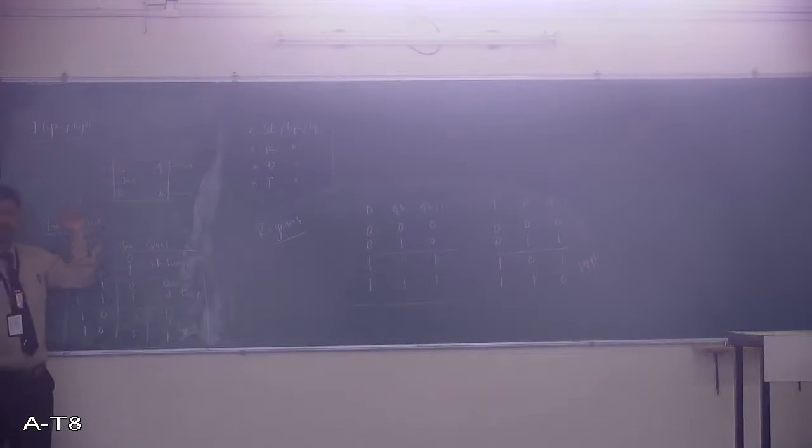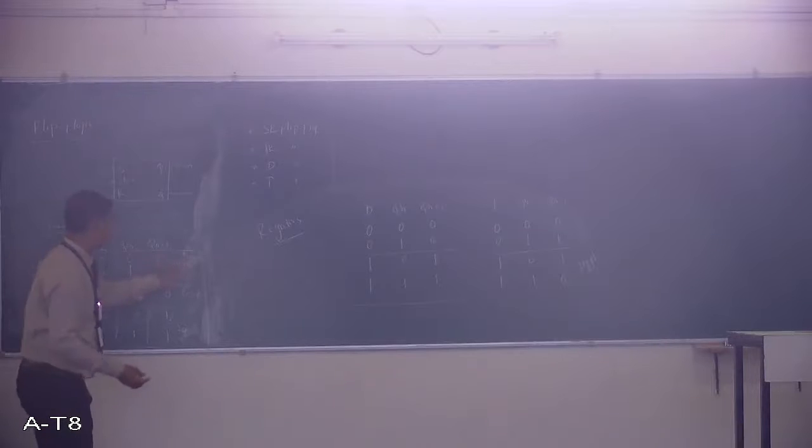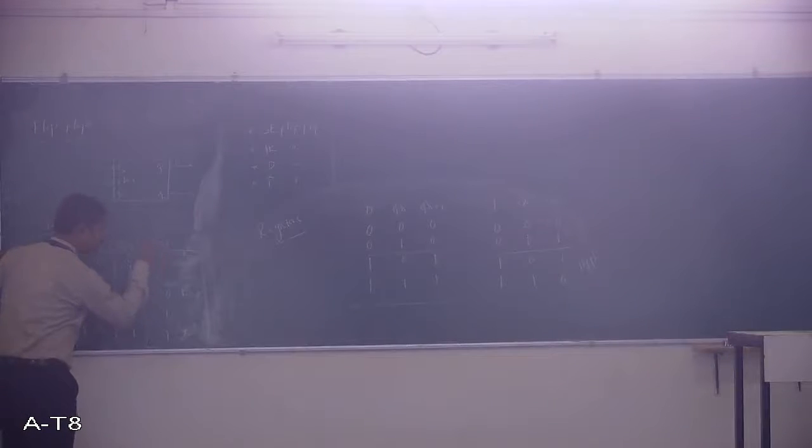Through this, I will apply one surge, one clock pulse. Once you apply the clock and keep S and R at 0, 0 and presently the output is 0, how does the flip-flop react? It will produce 0 only. It means the present state is 0, and the same 0 is maintained even after applying inputs and clock.